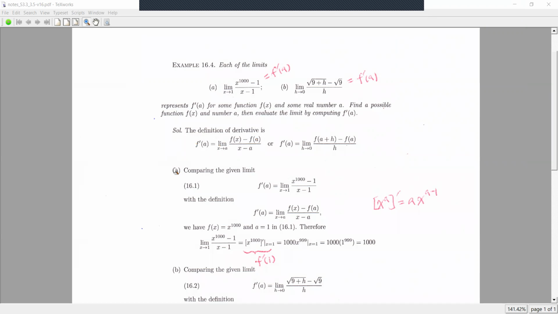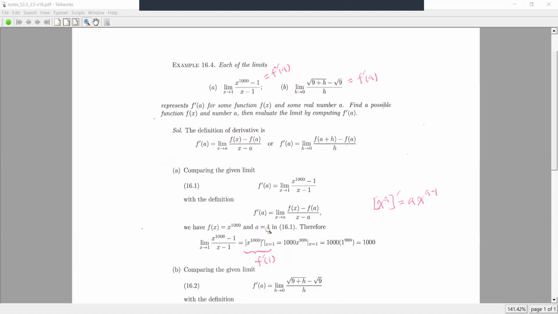Now, part A. Compare the given limit with this formula. This is the given limit. This is the formula. Compare these two equations, then we can see that a is 1.